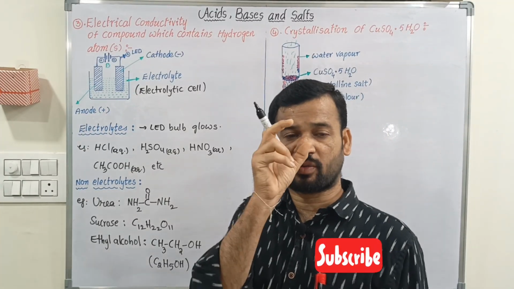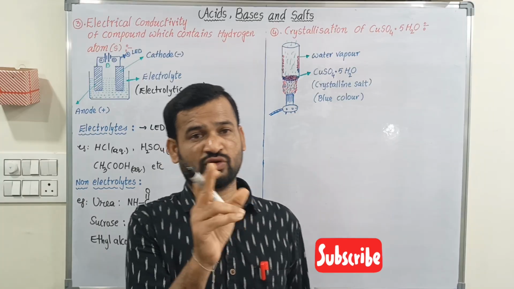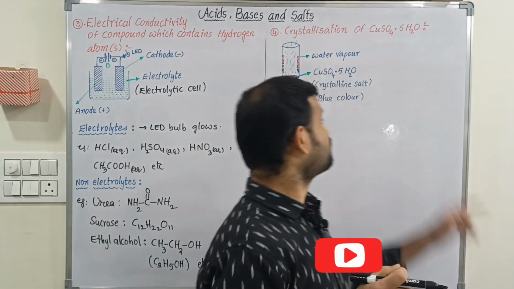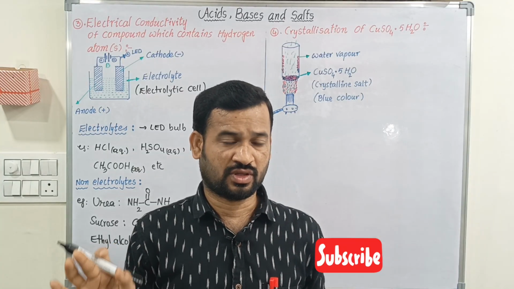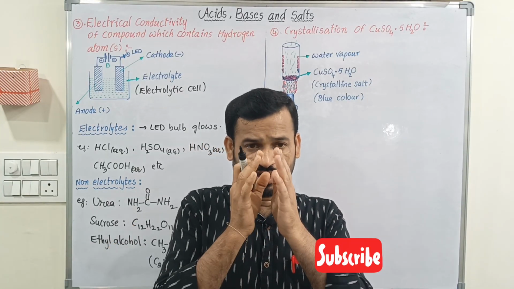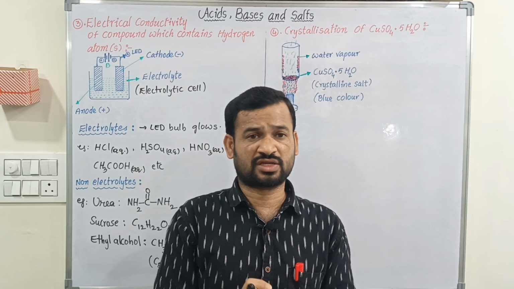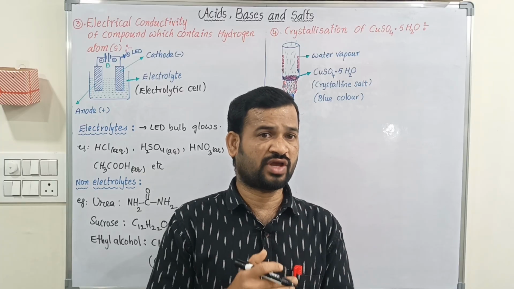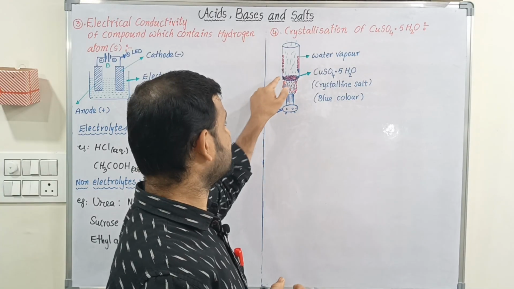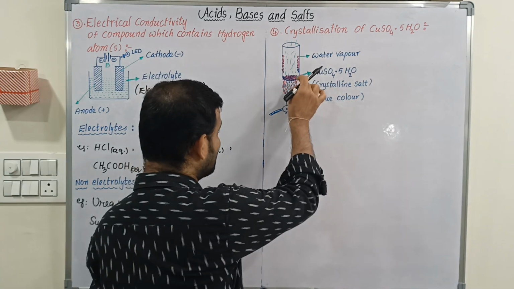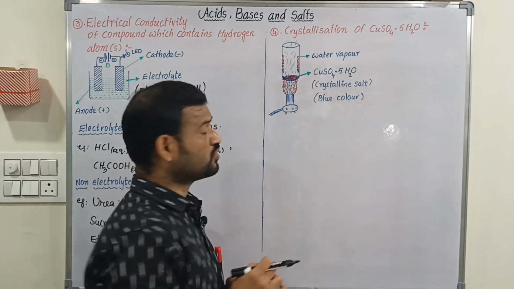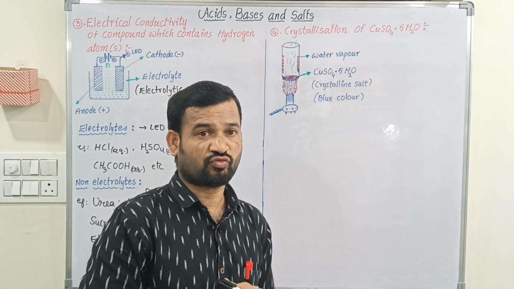By seeing that copper sulfate salt, we cannot identify these 5 moles of water molecules in that crystalline salt. So to find out the existence of water molecules in that salt, we have to take that salt into the test tube, boiling test tube, and we should place this test tube on the Bunsen burner flame. So then what will happen?